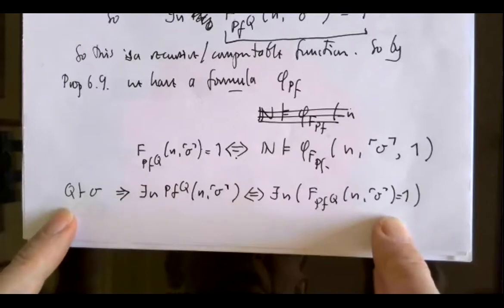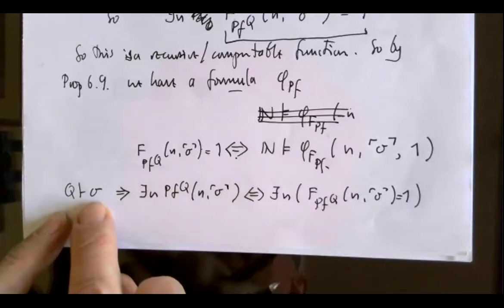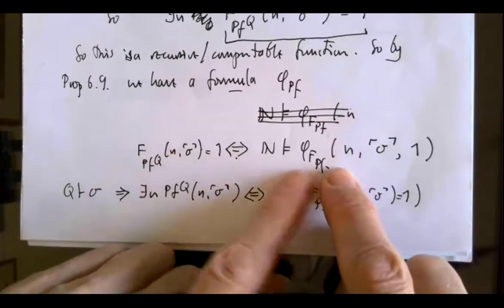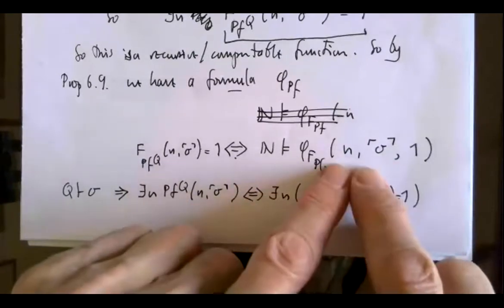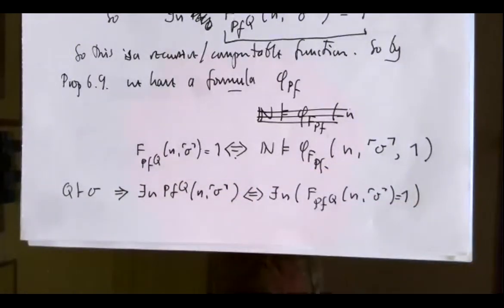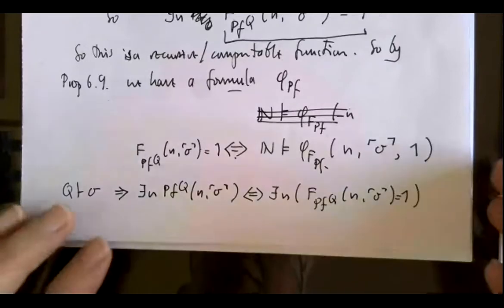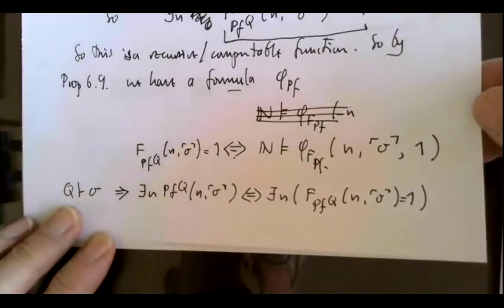In short, so I'm making a bit of a dinner of this: if Q can prove sigma, there's some formula that's true in the natural numbers that says there is an n that is a code of a proof of sigma. Okay. The next bit that we need to look at is the diagonalization of a formula.